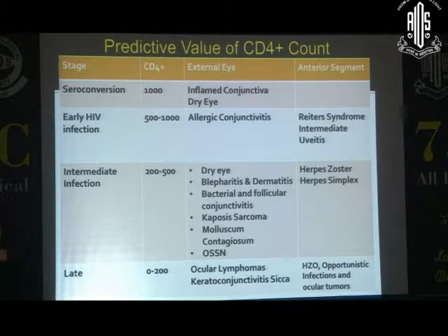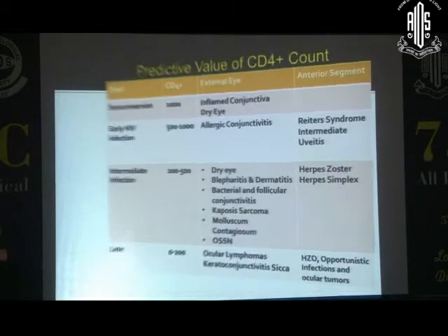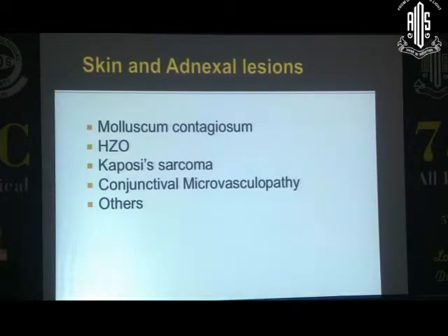And later on in the disease, we know that ocular lymphomas become more common, and lymphomas by and large become more common in HIV patients, and severe keratoconjunctivitis sicca, and other opportunistic infections and tumors. So, if we look at the skin and adnexal lesions, it includes molluscum contagiosum, herpes zoster ophthalmicus, Kaposi sarcoma, conjunctival microvasculopathy, amongst others.